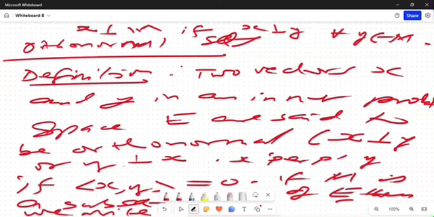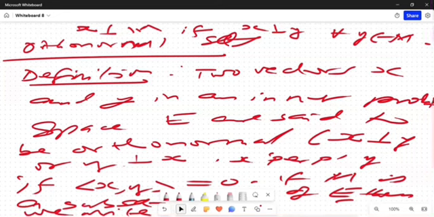In other words, the inner product of x and y will be 0. The angle between them is 90. So that's the simple geometrical interpretation of that.